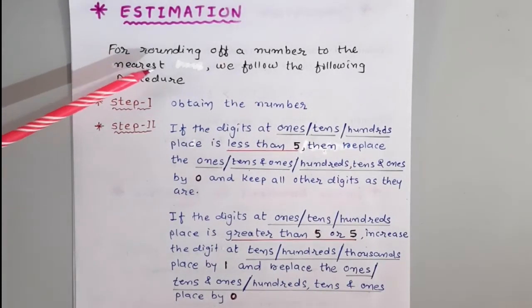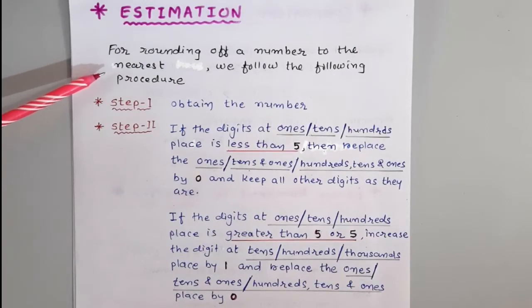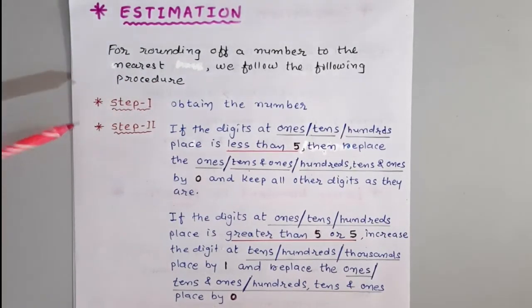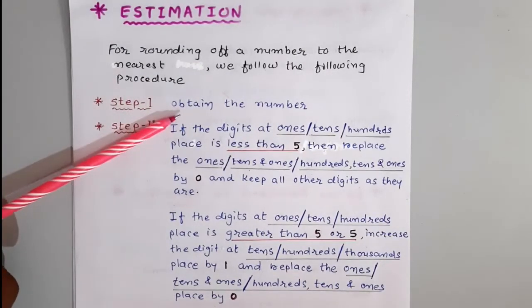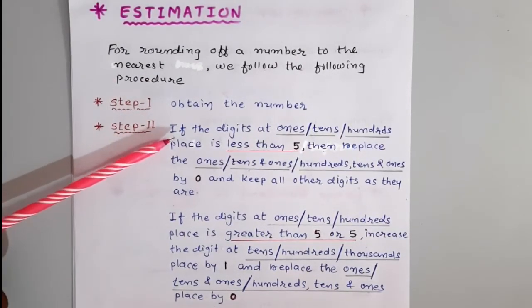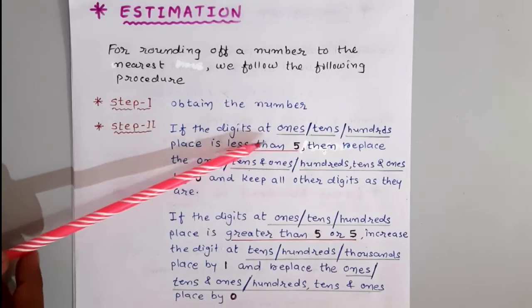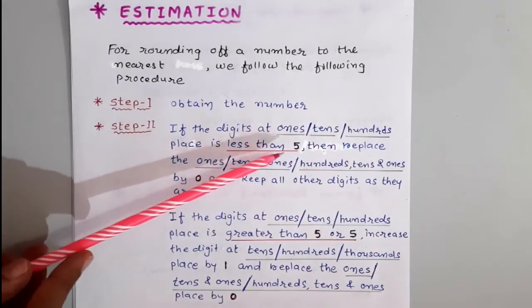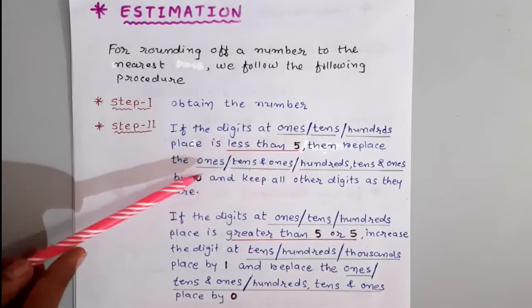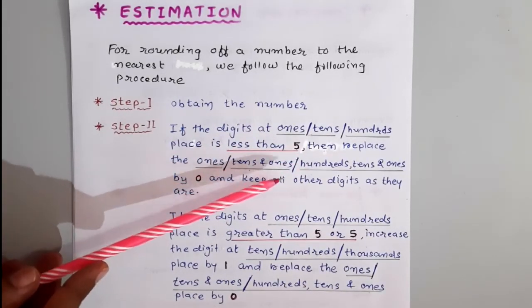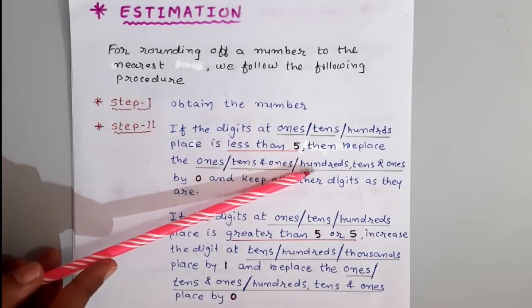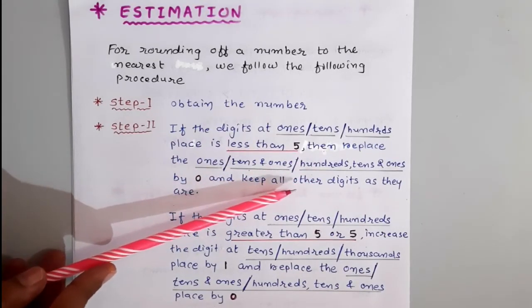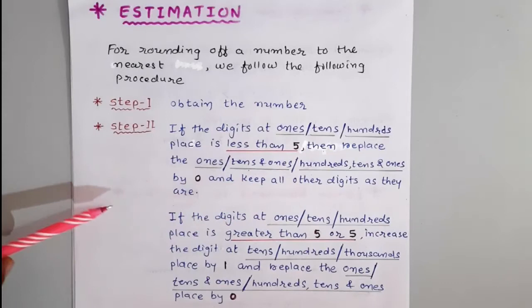For rounding off a number to the nearest, follow this procedure. Step 1: obtain the number. Step 2: if the digit at the ones, tens or hundreds place is less than 5, then replace the ones, tens or hundreds digit by 0 and keep all other digits as they are.